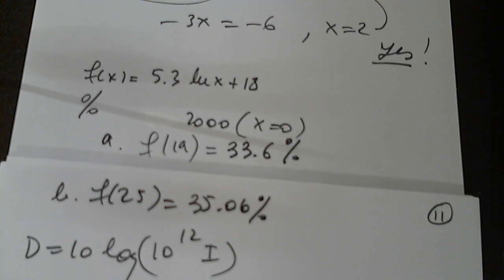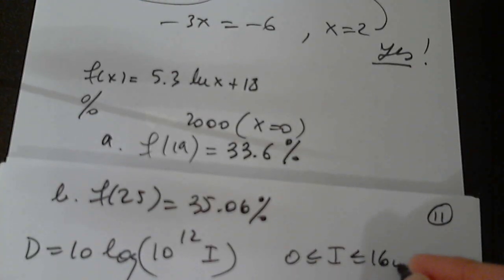Decibel levels range from 0, a barely audible sound, to 160, a sound resulting in a ruptured eardrum. So the domain is from 0 to 160.